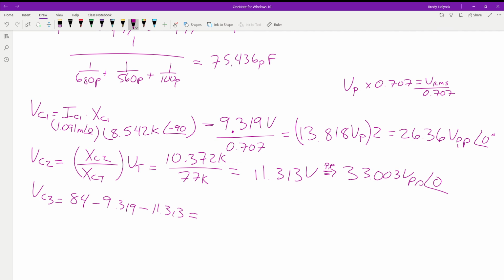What is the voltage at capacitor 3? 63. Okay, that's an RMS. What's our final peak to peak voltage?